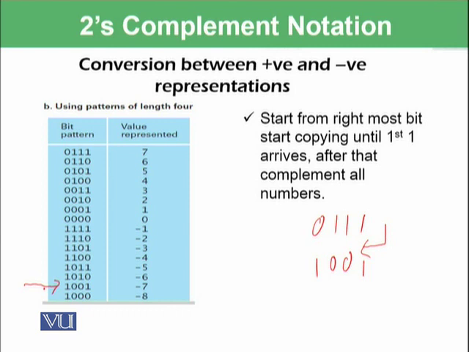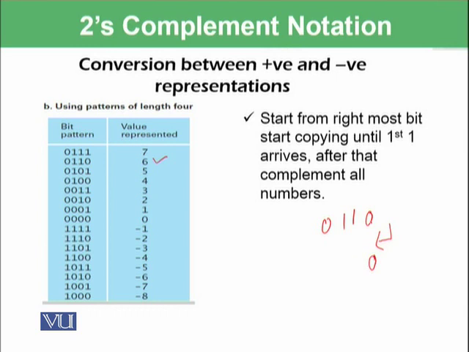So let's see another example. Let's say, for example, 6. So 6 has 0110. What bit pattern will represent -6? As I already said, let's start from the right side. Copy all of the bits until the first one is reached.